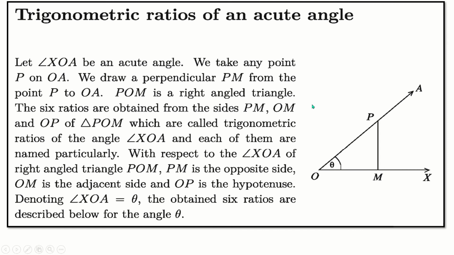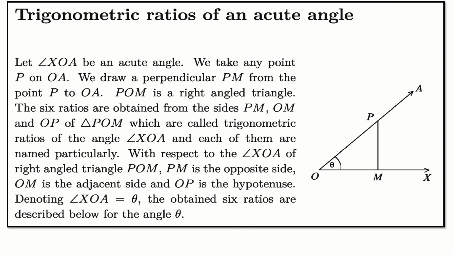By using these 3 sides, we make 6 ratios. The 6 ratios are hypotenuse divided by adjacent side, adjacent side divided by hypotenuse, opposite side by hypotenuse, hypotenuse divided by opposite side, opposite side by adjacent side, and adjacent side by opposite side.